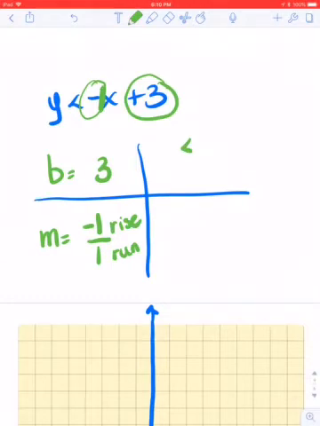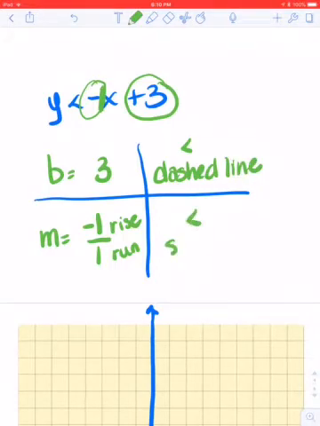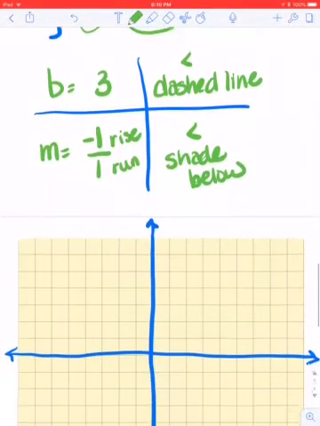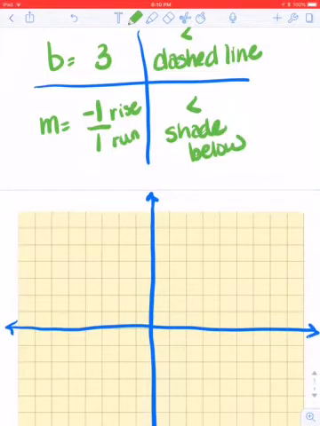Okay, if that's my inequality, that means it's going to be a dashed line. And if that's my inequality, I'm going to have to shade below. Okay, so now we're going to take this information and get it onto my graph, starting with this. So positive 3, there's my y-intercept.